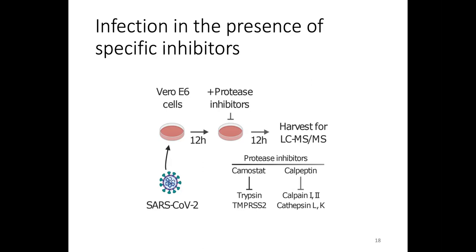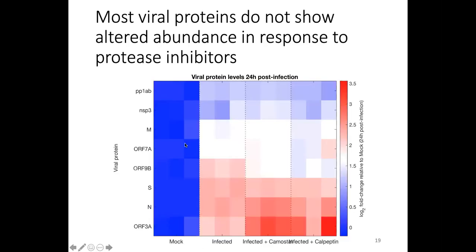And we used two protease inhibitors. These were camostat mesylate, which inhibits TMPRSS2 and trypsin, and calpeptin, which is a calpain and cathepsin inhibitor. What we found is under these conditions, the vast majority of viral proteins do not show altered abundance in response to protease inhibitors.